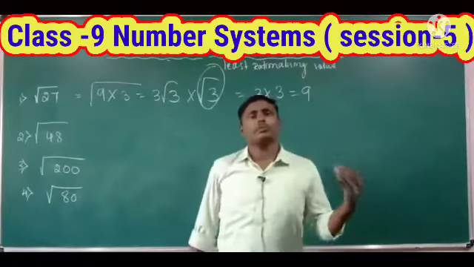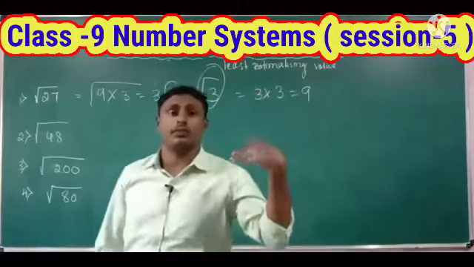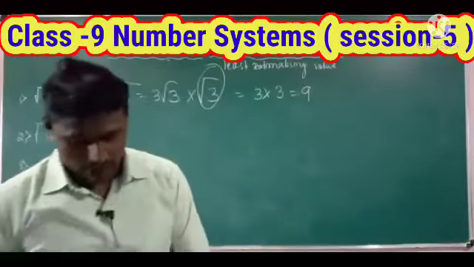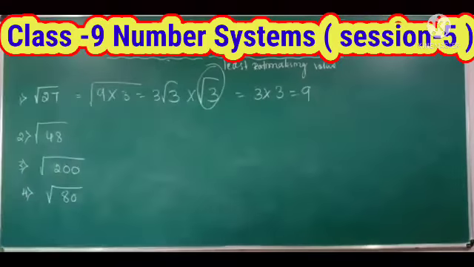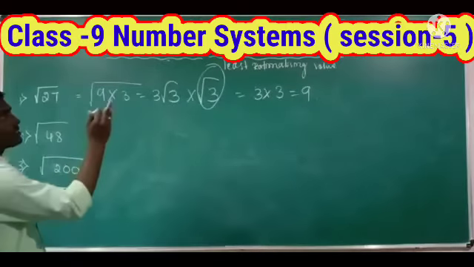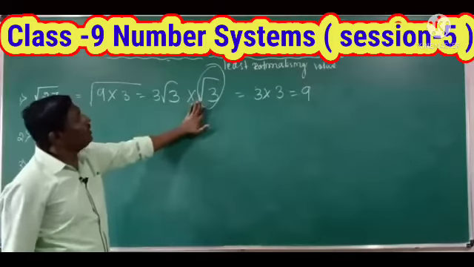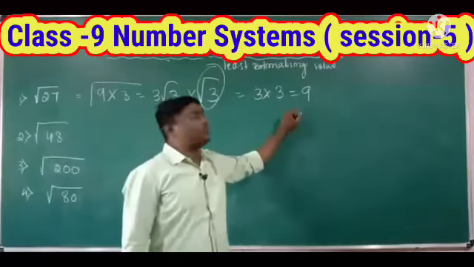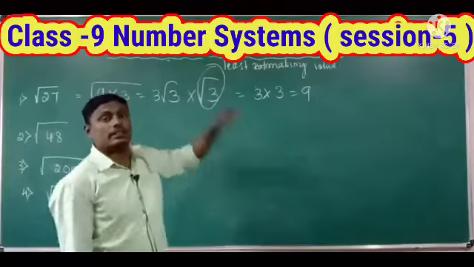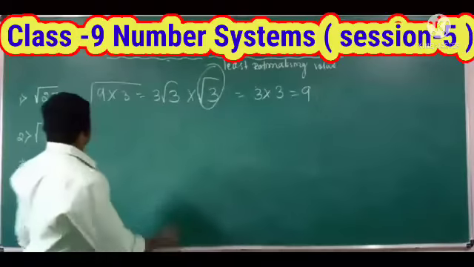In some problems we need two irrational numbers. With the help of root 3 we get a rational number, so root 3 is the rationalizing factor.